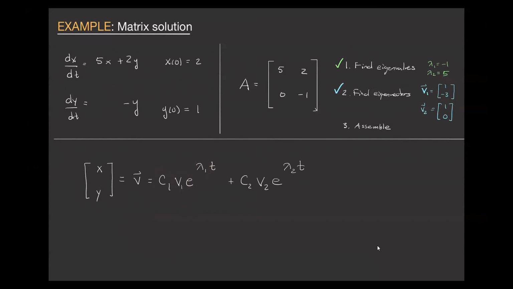If we then substitute, V1 we said is 1, -3. Then we had e to the lambda 1, so that's negative t, plus C2, V2 is going to be 1, 0. And then we're going to have e to the lambda 2, which is 5 times t.